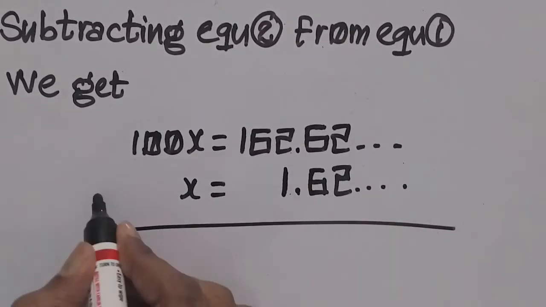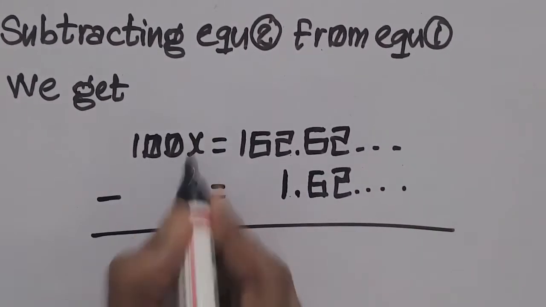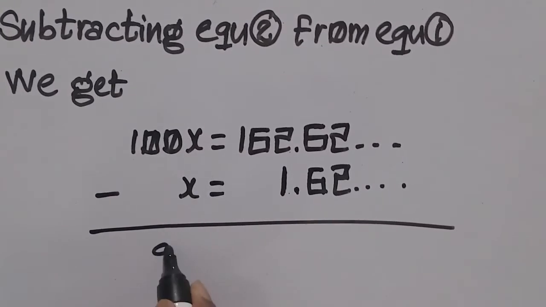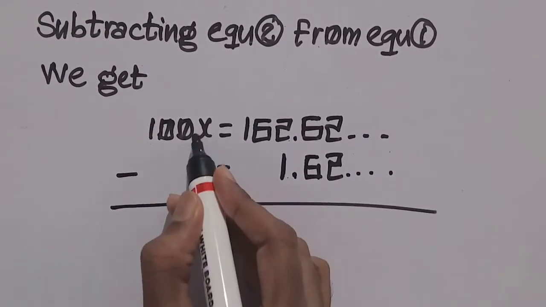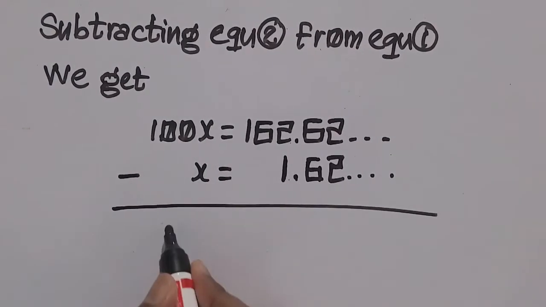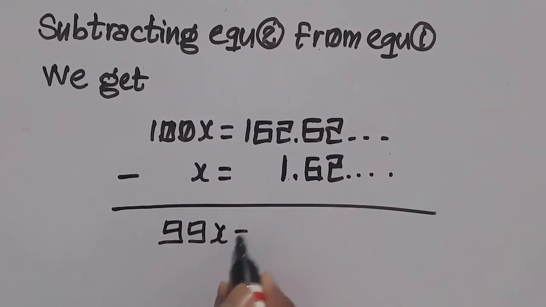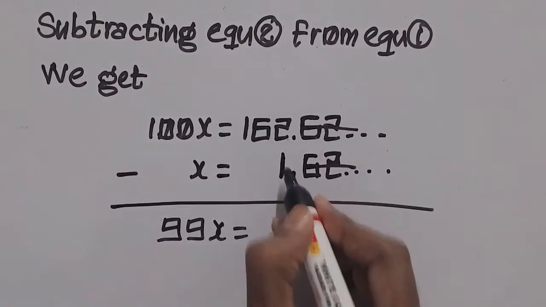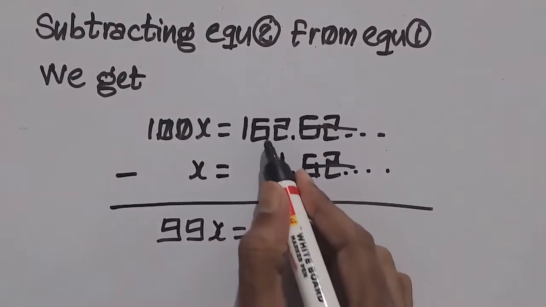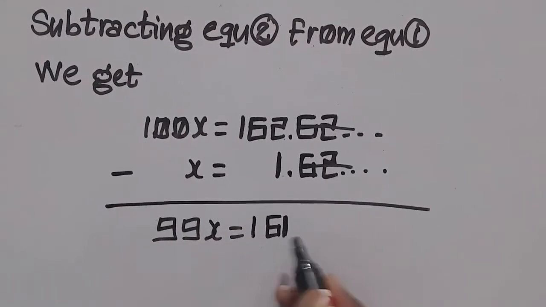Now by subtracting, this gets cancelled. 100x minus x means 99x. Here 6 2 gets cancelled. Now 162 minus 1 is 161.